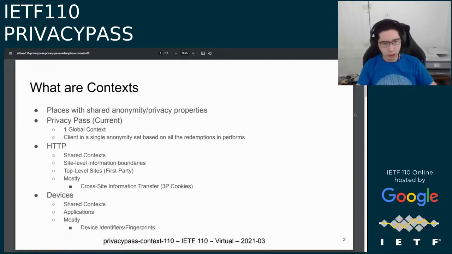In devices, you see these sorts of contexts in applications which have their own information but don't share information between applications, though you also have some leakage here through device identifiers and other fingerprints that allow attackers to see some sort of links between these contexts.